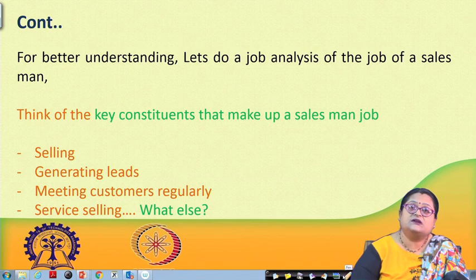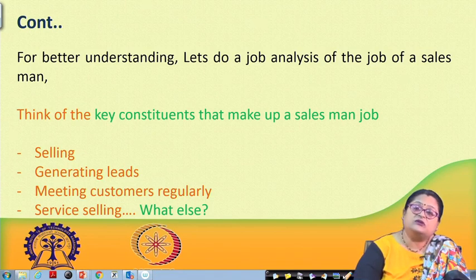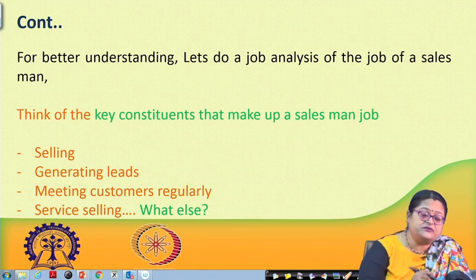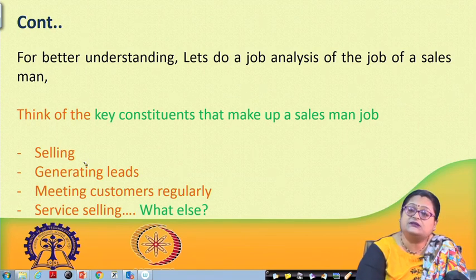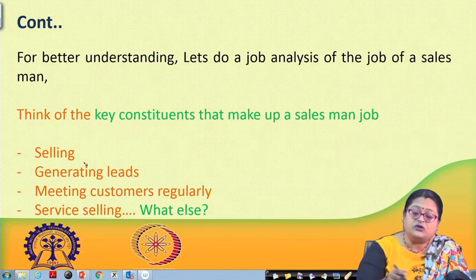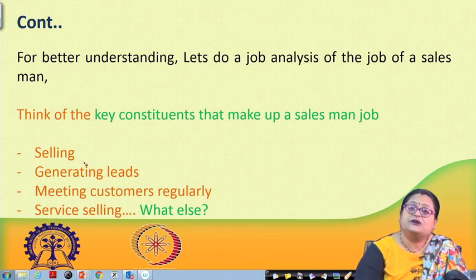If these are the key constituents that make up a salesman's job, then selling, which we have written here in one word, we have to elaborate on. Selling means what? What is done? What activities are done? What all targets are achieved? We understand that the person is selling properly.